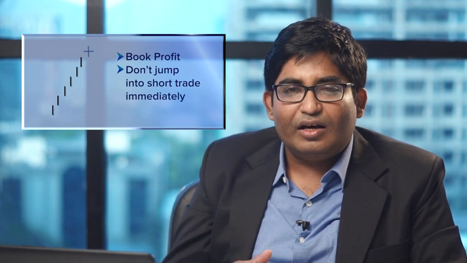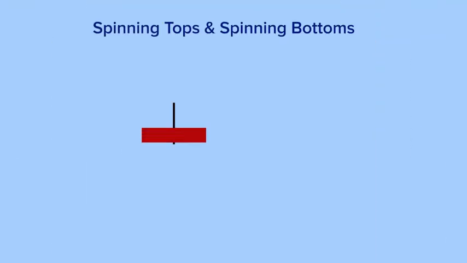A similar pattern is called spinning top and spinning bottom. In spinning tops and spinning bottoms, we have quite big upper and lower shadows and small bodies. It is not that the body will be non-existent, but it would be a small body. So it is much like a doji. It represents indecision.